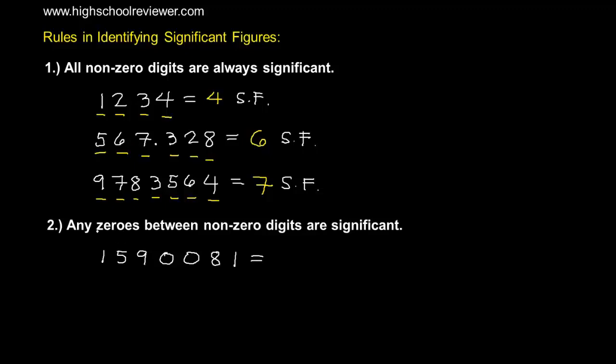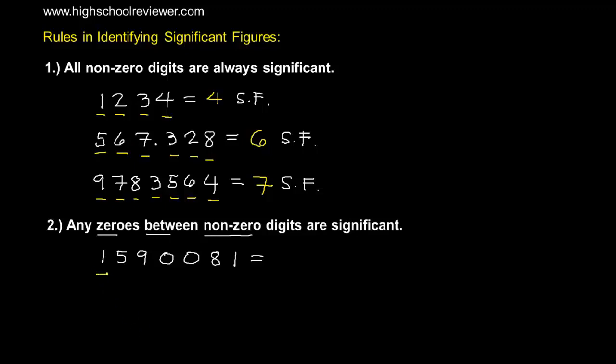Basing from the rule, any zeros between non-zero digits are significant. So all the non-zero digits here are significant, and since we have here 2 zeros but they are between the non-zero digits, they are also significant.